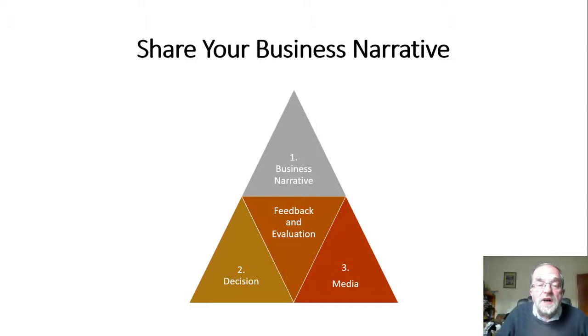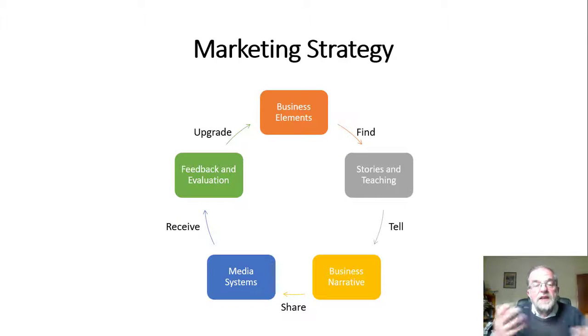So overall, in terms of a marketing strategy, these are 5 areas where my coaching can help you. The first thing is business elements. Your business breaks down into several elements, all of which you can understand in depth, and as you understand them in depth, you can build the stories and the teaching that goes with them.